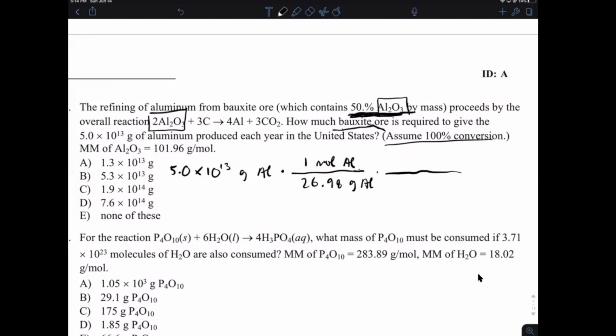Then, since it tells us this bauxite ore contains 50% Al2O3, we notice that it's right here. So we use the formula to get some sort of ratio. What ratio do we need? How many moles Al2O3 for however many moles Al. What should we put on the top and what should we put on the bottom?